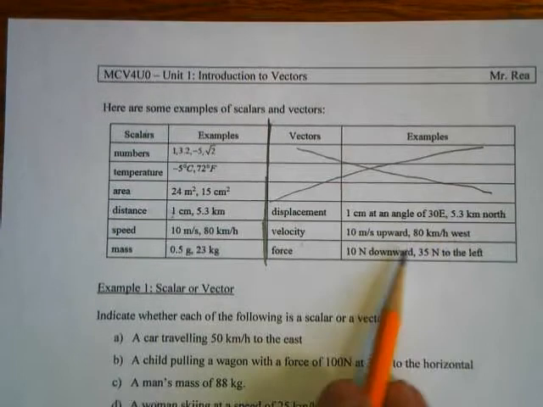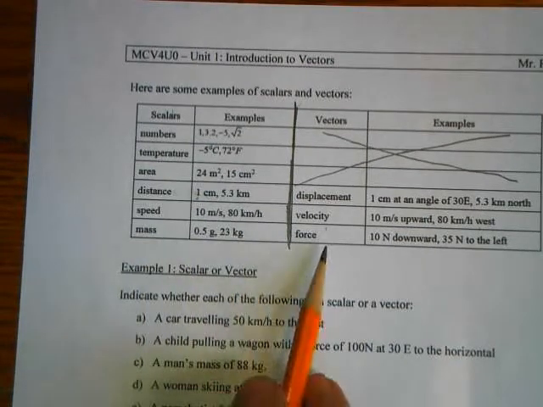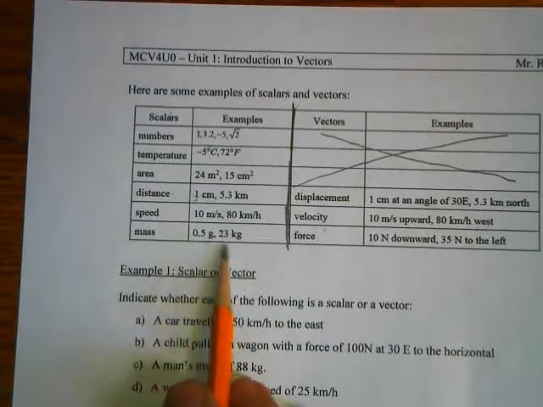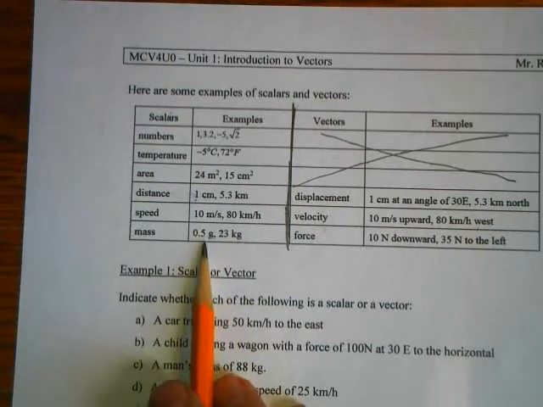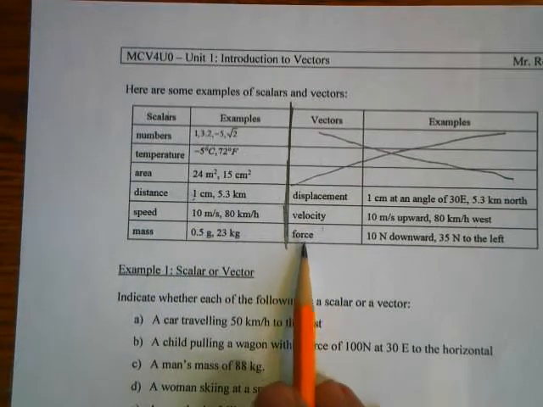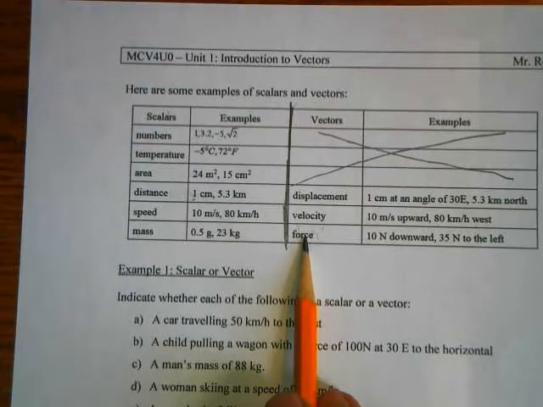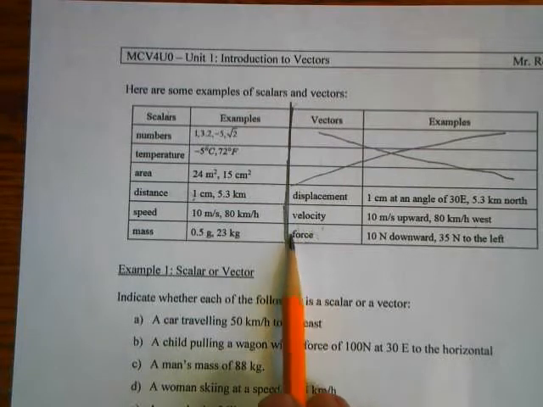Okay, and also mass and force are related. Mass is a scalar. It doesn't have any direction, just a magnitude. 0.5 grams, 23 kilograms are examples of masses. And forces, this could be gravity as well, or weight.